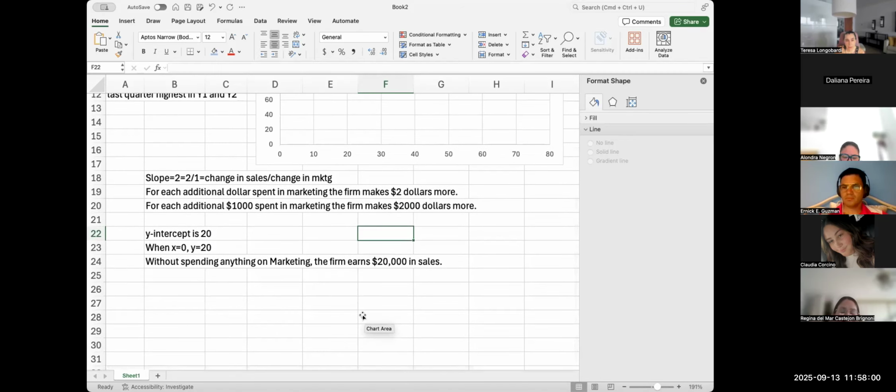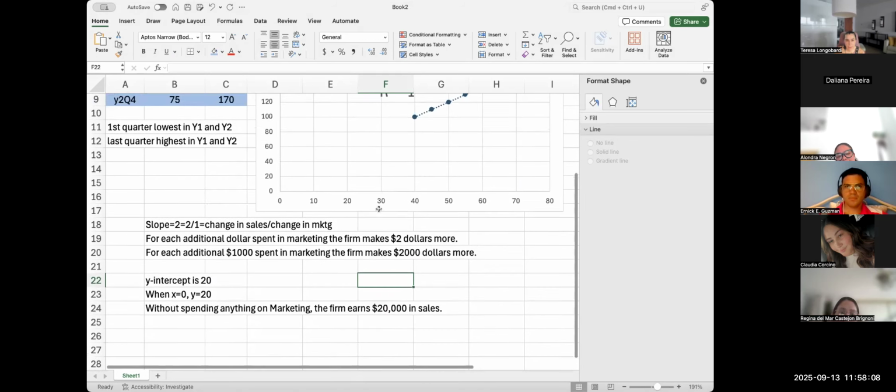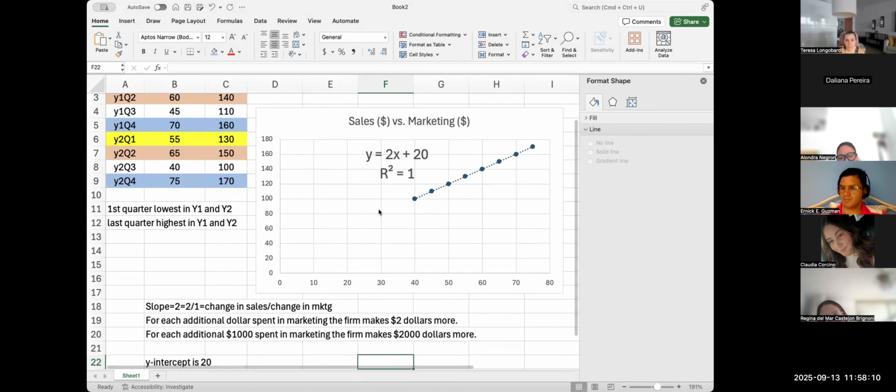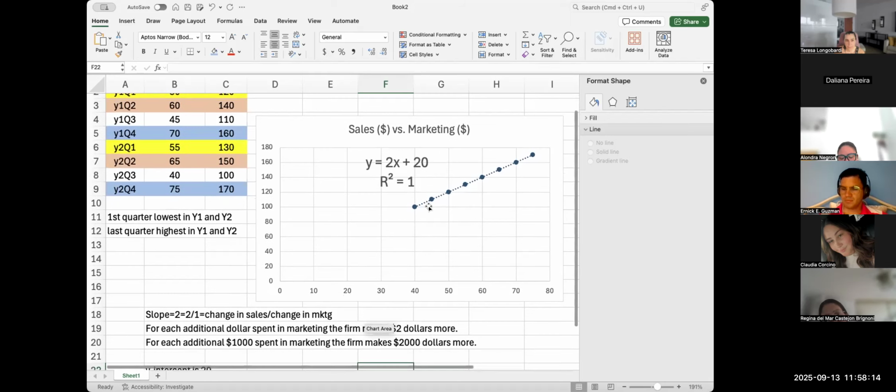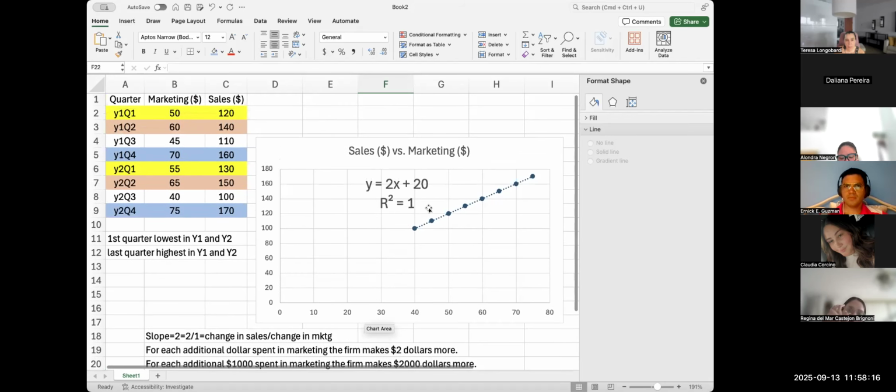And as far as the other thing, what was the other thing? The fluctuations. It would be important to know, well, okay, clearly the more we spend, the more we make, right?